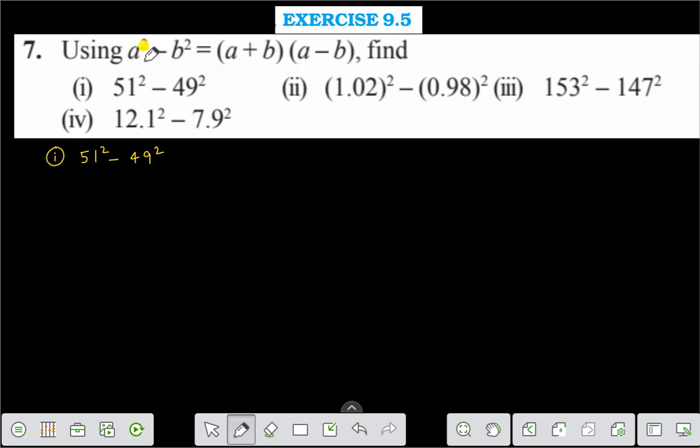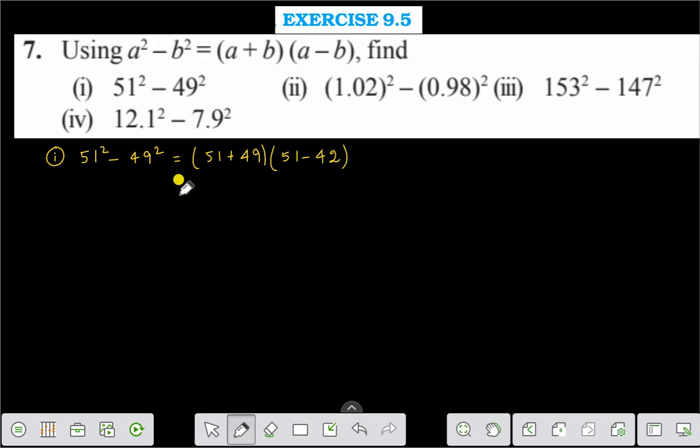We'll use this identity, a square minus b square equals a plus b into a minus b, that is 51 plus 49 into 51 minus 49.